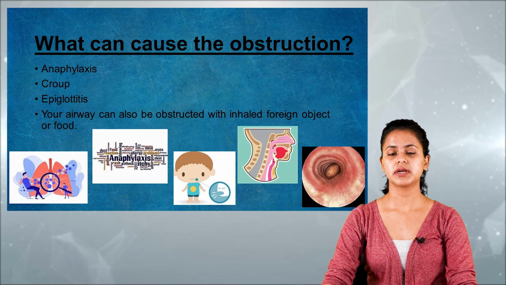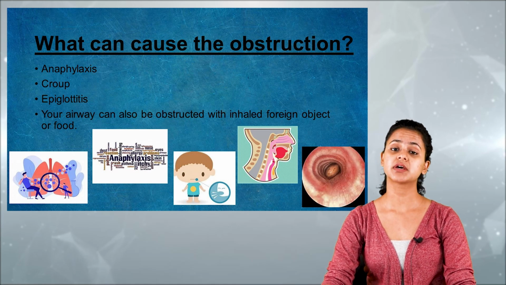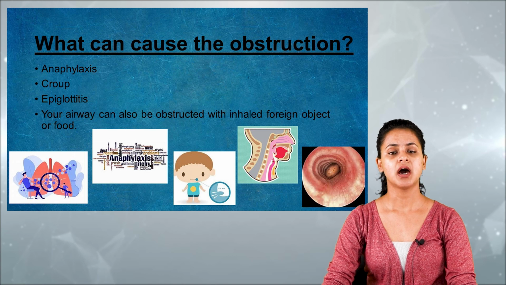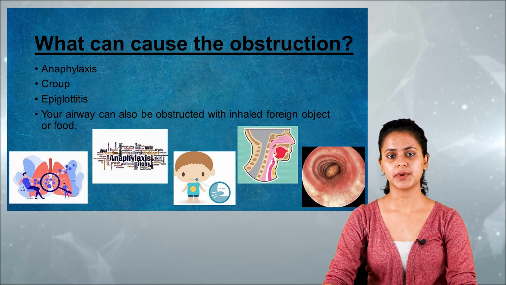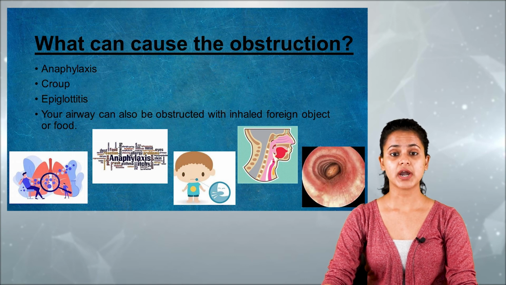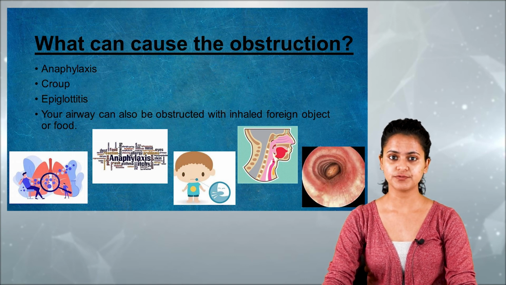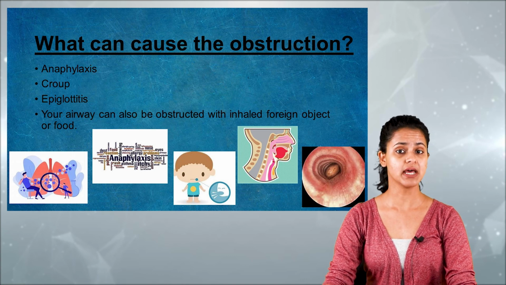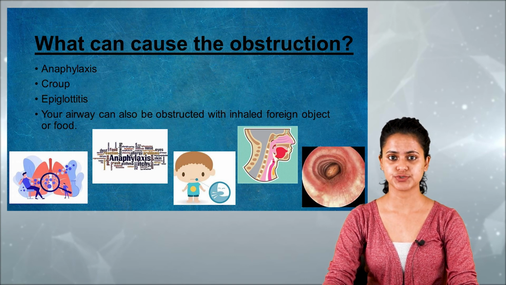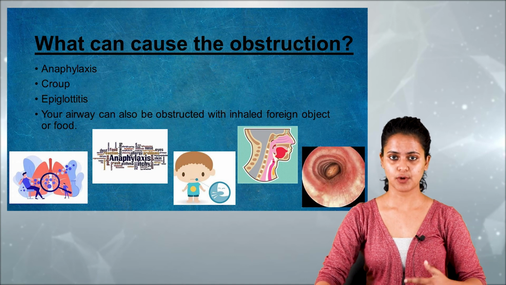Now we're going to learn about the basic causes which can lie behind the development of airway obstruction. There are three major common factors, or disease conditions, which are almost always associated with the development of airway obstruction.